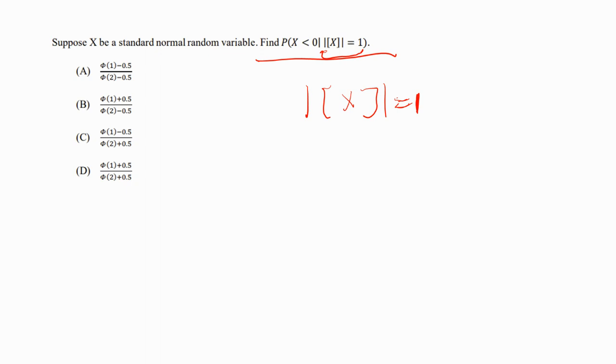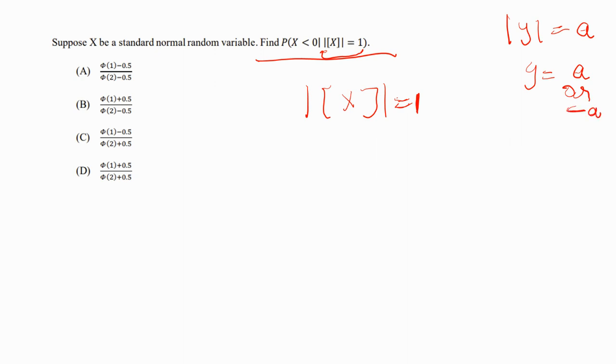Okay, so mod x is the function which changes the sign. What we say here is that if we have mod y equal to some a, then y will be either a or minus a.